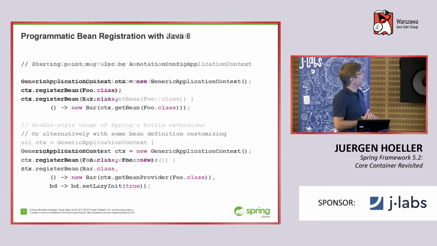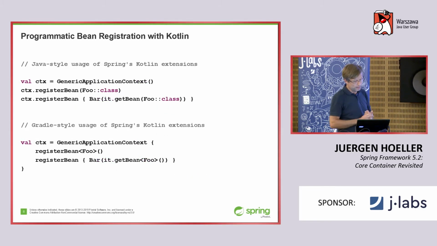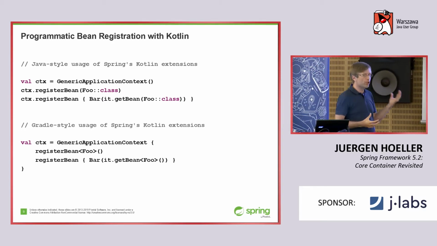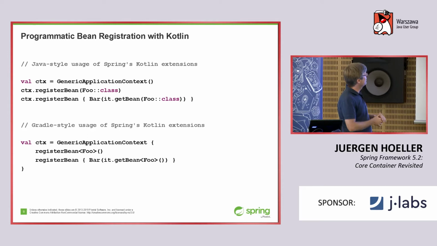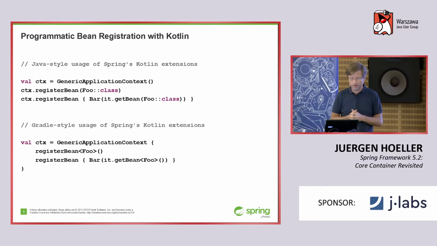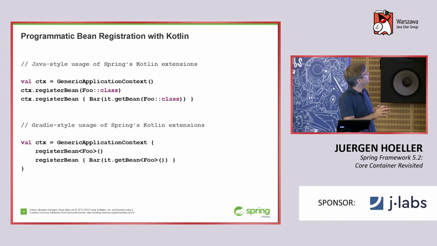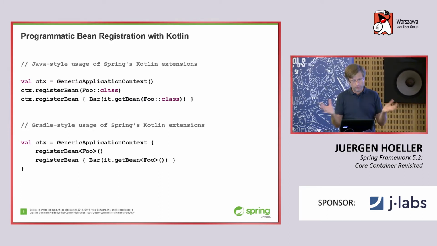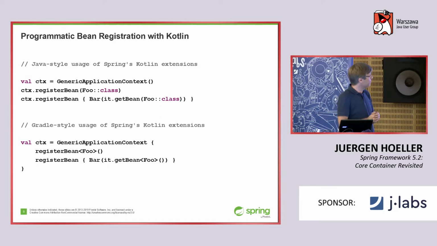Not the main topic today, but there's a Kotlin equivalent that is also quite sweet, just giving you a visual impression of what that looks like. It's calling essentially the same facilities on the same generic application context, but it's not exactly calling the same methods. We ship Kotlin extensions for quite a few classes across the code base.